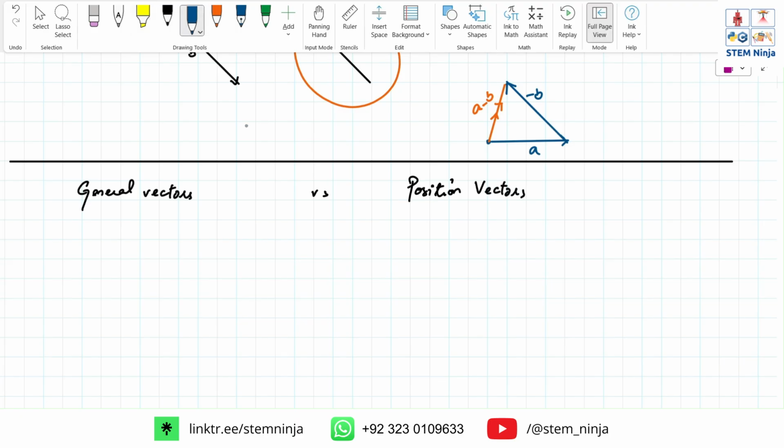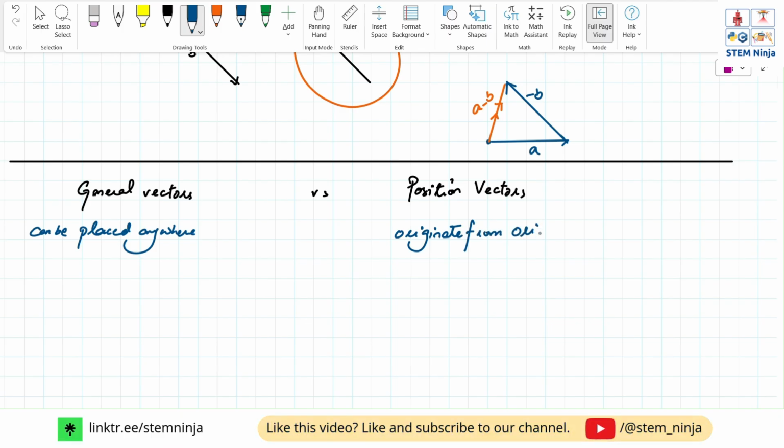So we know general vectors, just like the vectors that we were talking about, they can be placed anywhere in the entire 2D or 3D space. But position vectors originate from the origin. That means the tail of that vector will be at 0, 0.